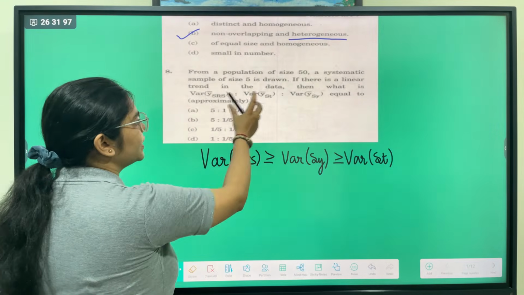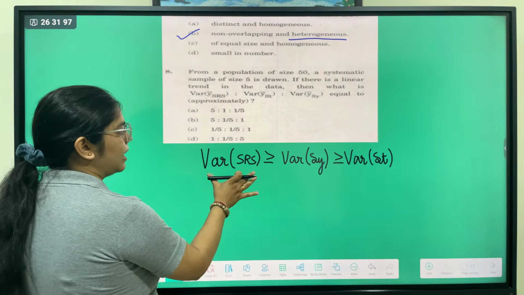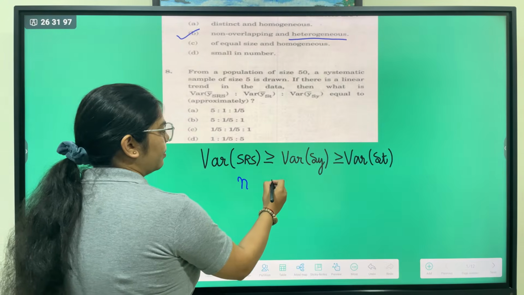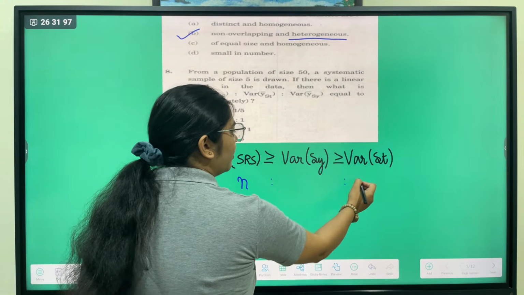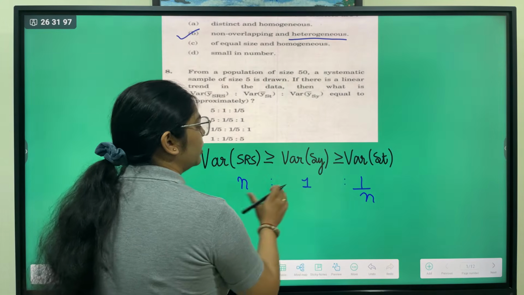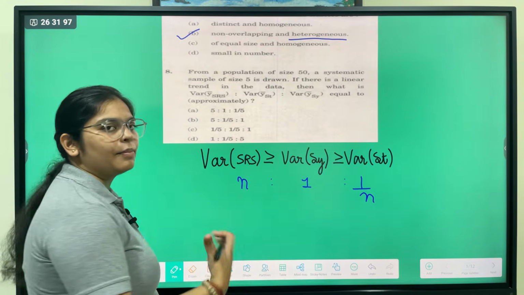So here they have given us the values and we have to calculate. So suppose I have to make this largest. So making this largest will be n, making this smallest will be 1 upon n, and making this in the middle will be 1. If I consider these values which have been given, this is how we compare them.